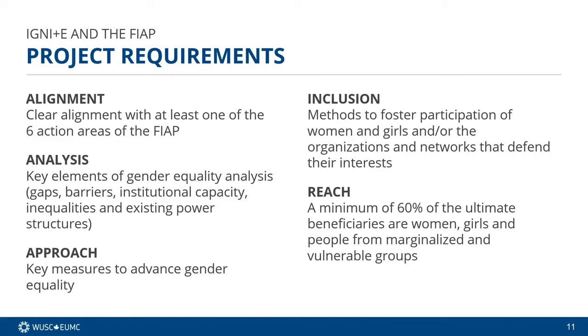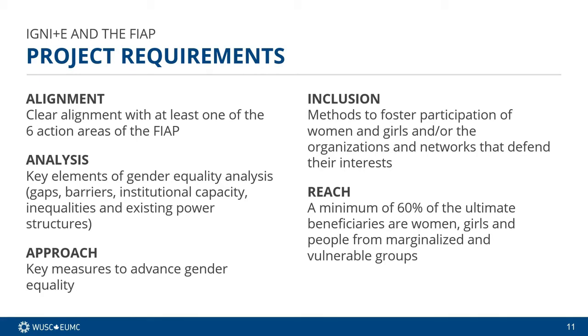Another key requirement is that key elements of gender equality analysis are undertaken, so an analysis of the gaps, the barriers, institutional capacity, inequalities in existing power structures. It requires that key measures are taken to advance gender equality in terms of our approach.